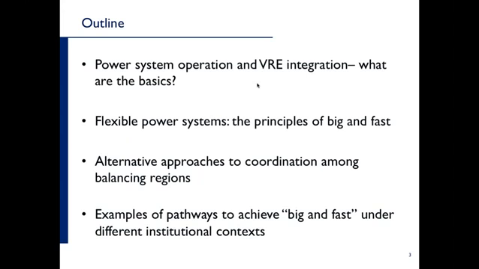That's our focus today. But there are certainly many other things that you can do to increase flexibility in the power system. And then we'll take a look at alternative approaches to coordination among balancing regions. And then finally, we'll take a look at some possible pathways that you can think about to achieve both a large balancing region and fast dispatch.